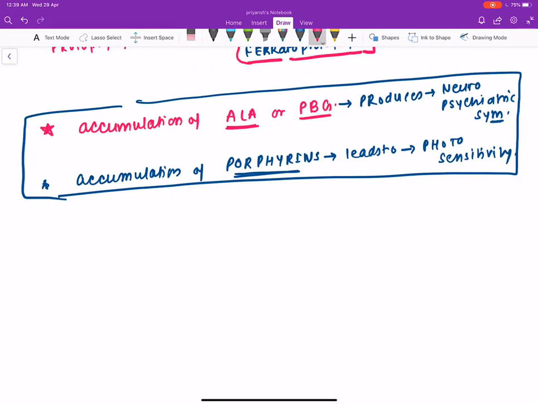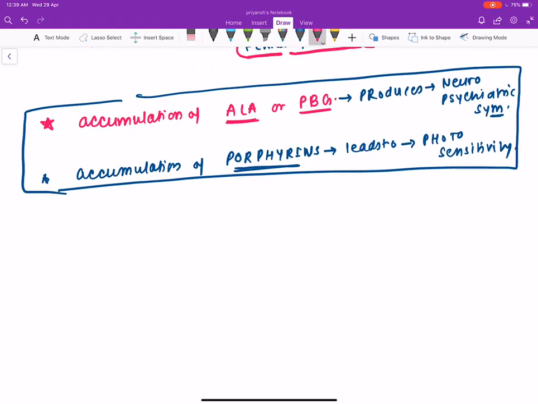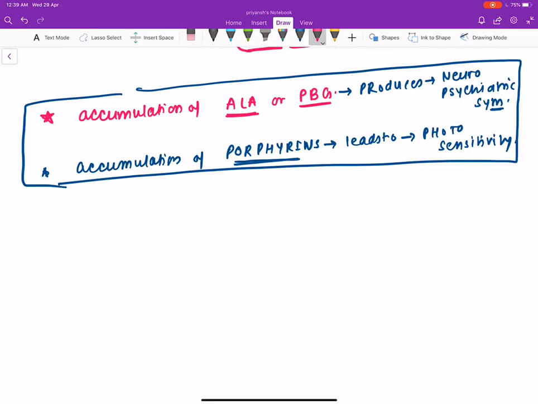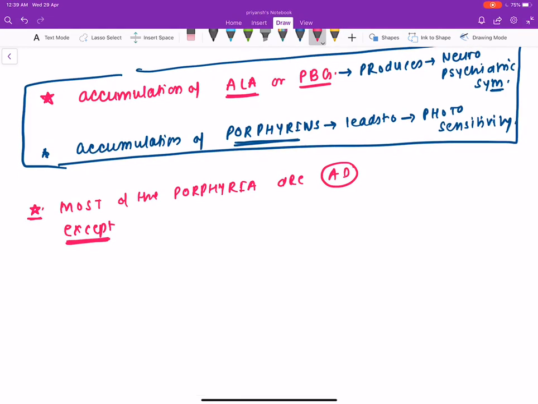Once we are done with the symptoms, I can say that the majority of the porphyrias are autosomal dominant. I'm writing this fact here: most of the porphyrias are autosomal dominant, except, we just have to remember this exception. We should know which are the autosomal recessive ones and which is the X-linked one.